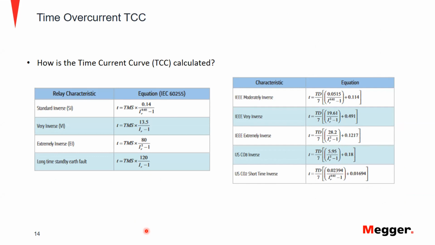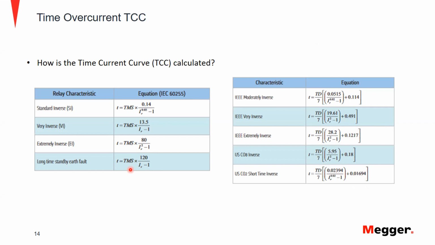So the time overcurrent, the TCC, is what we will call it from here on out. For the relay characteristics, you can see that there are some standards: standard ANSI, IEC, and IEEE. This is just an example of a few, and how the calculations are derived.